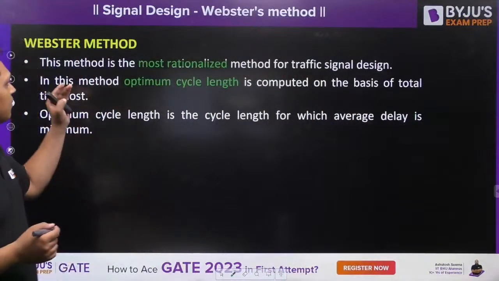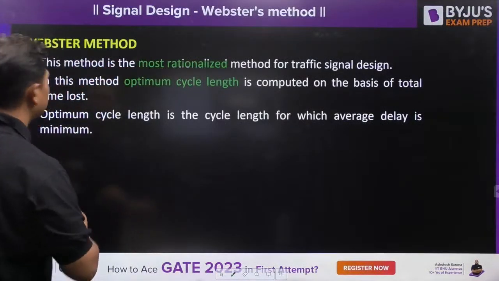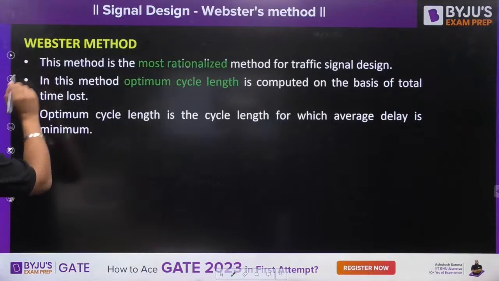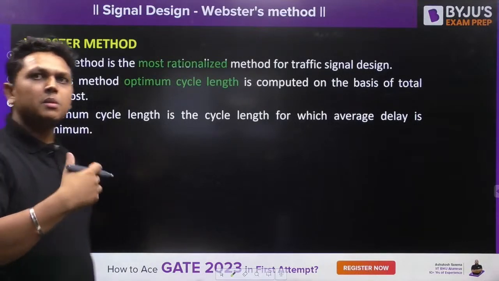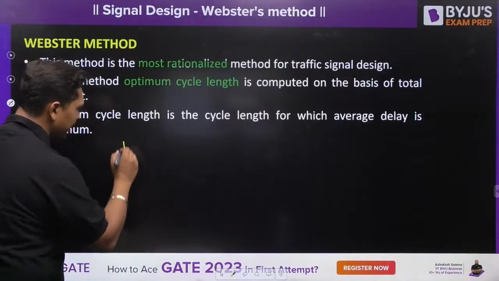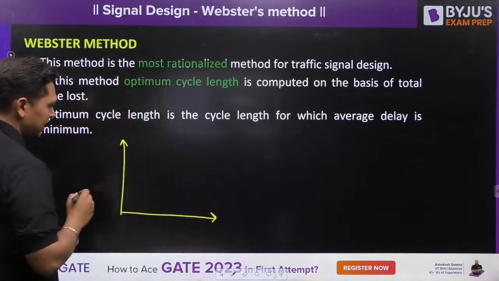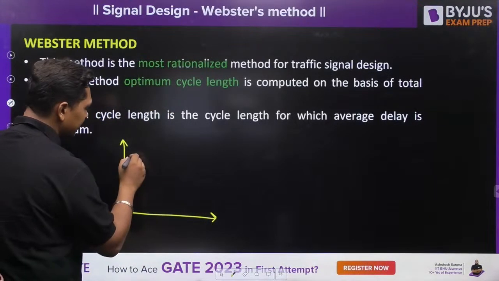So this is the most rationalized method for traffic signal design, and Webster's method gives us the optimum cycle length. Why? It has been seen experimentally, by doing experiments at traffic intersections.